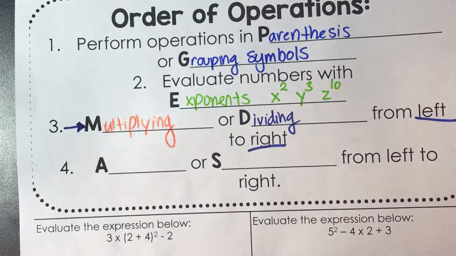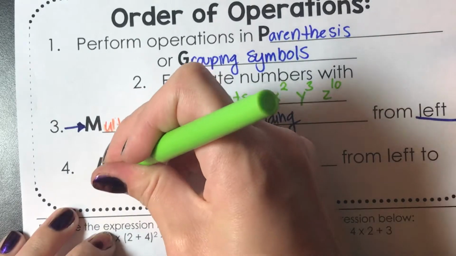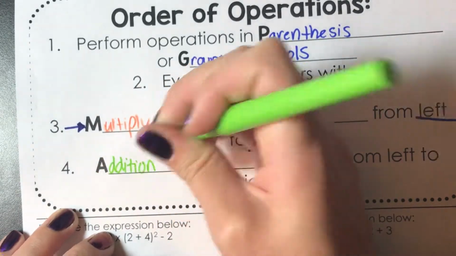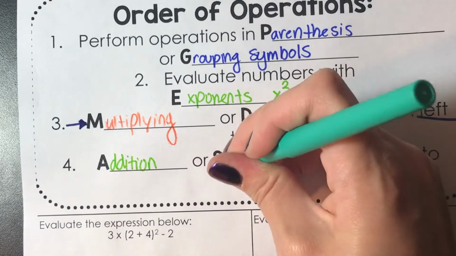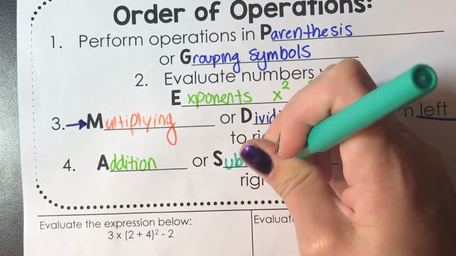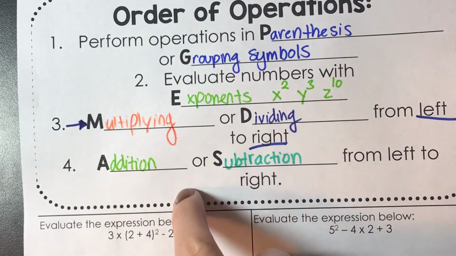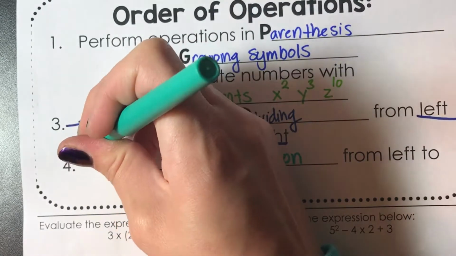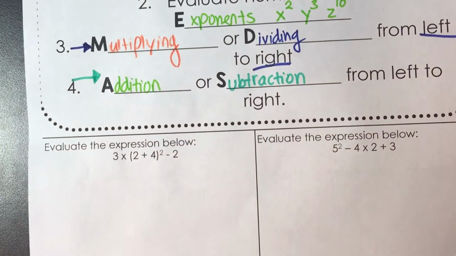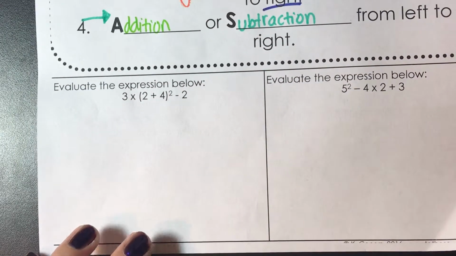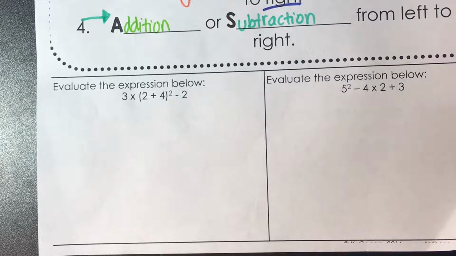Same thing goes for addition or subtraction. They're at the same level of power, solving from left to right. All right, let's do a couple problems together and then we'll have you start working on group work.